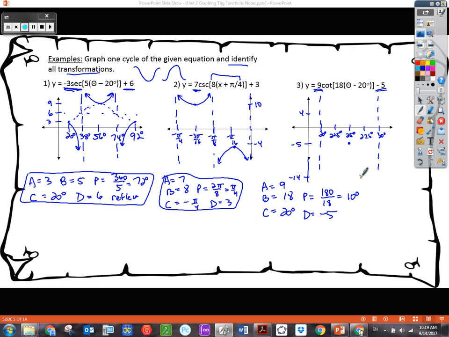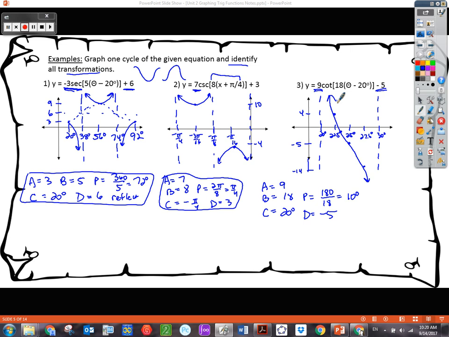So here at 22.5, 4 would be my upper point because cotangent starts up and ends down. And then at -14, at 27.5, okay, my -14 is a little off. Then there's my other one. So now I can graph my little cotangent friend, and he looks like that.